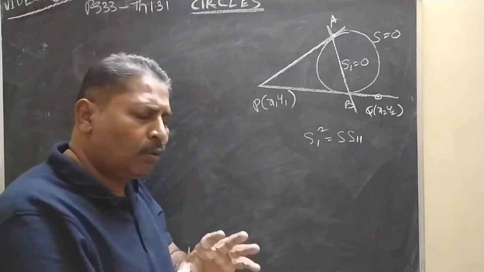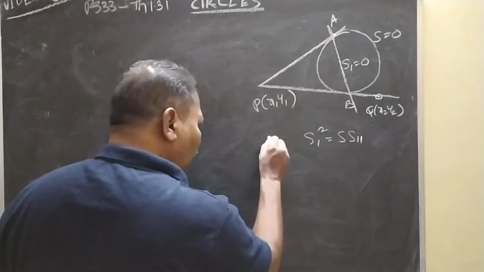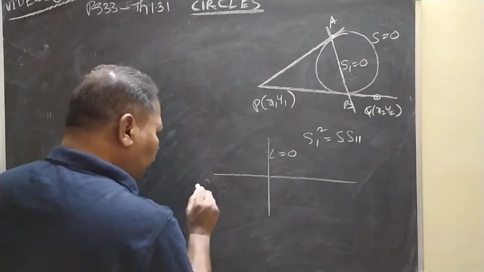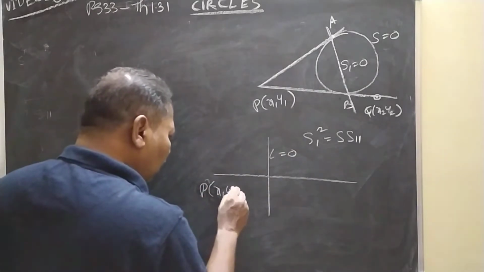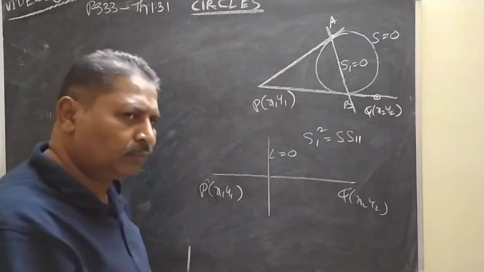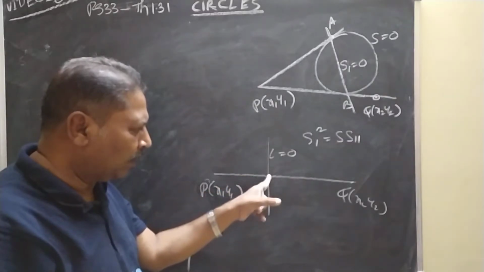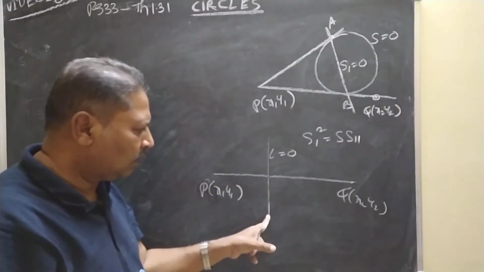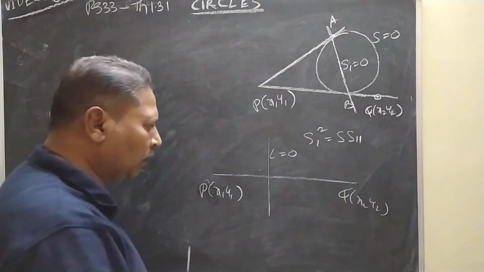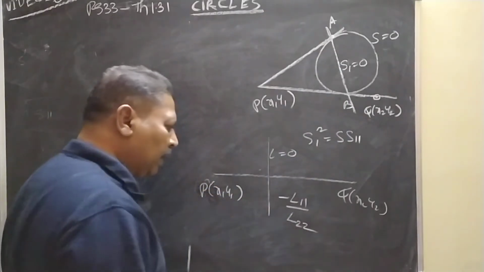Next, from the junior inter syllabus, this is the line L = 0. This is A, P(x1, y1), Q(x2, y2). The ratio in which the line divides the line segment joining PQ is minus L11 by L22.